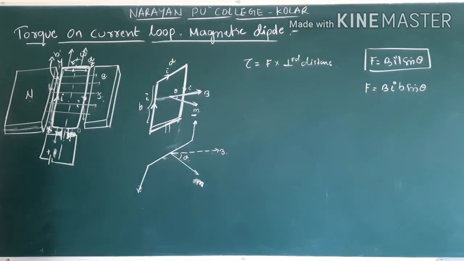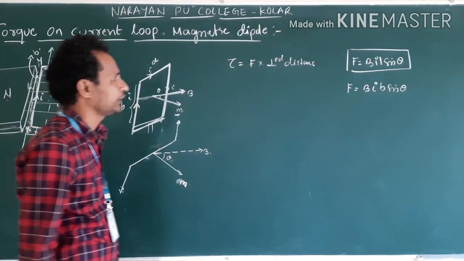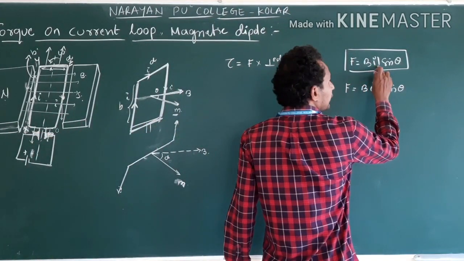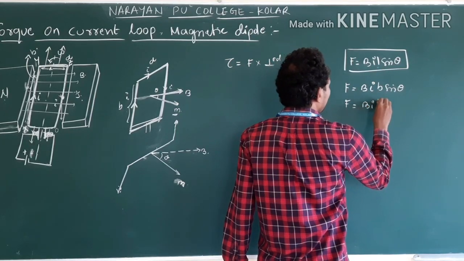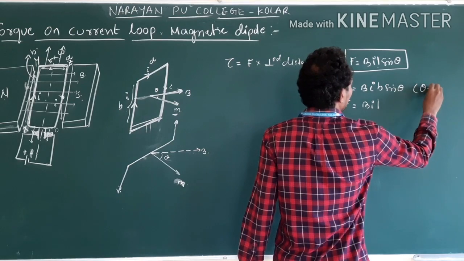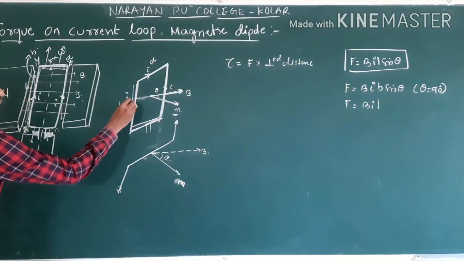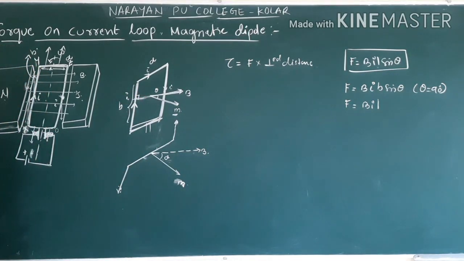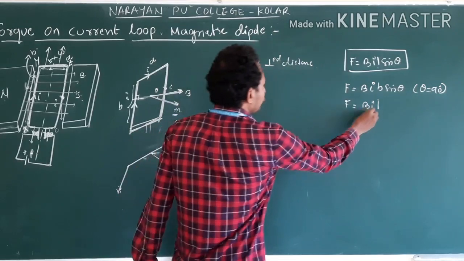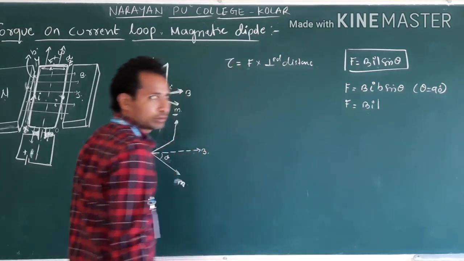Clear? Now, this field is acting perpendicular to the current element, so F is equal to what? BIL, because theta is equal to 90 degrees, because the field is acting exactly at 90 degrees. Understand? Now, F is already calculated, BIL.